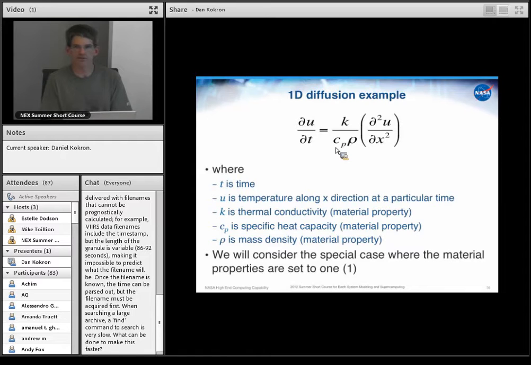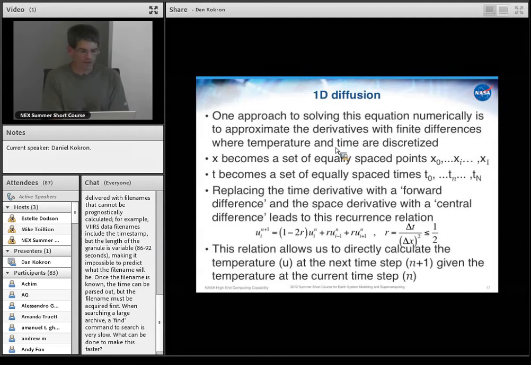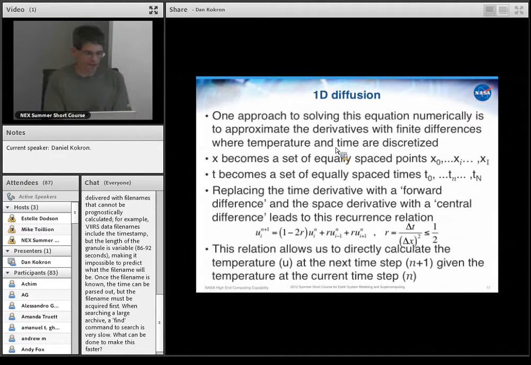What we have here is an equation that gives us the temperature at a point I at a future time, n plus 1, given only information at the same point at the current time, plus information at neighboring points at the current time.